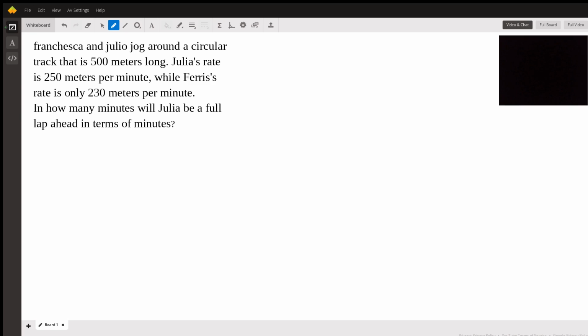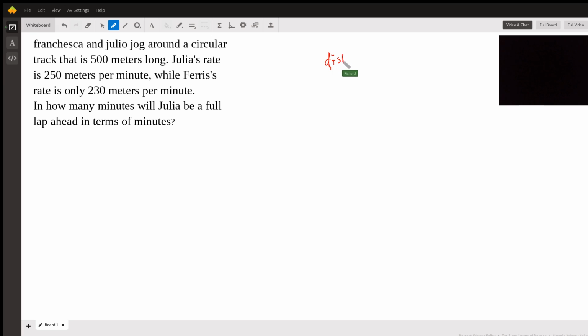These problems can get fairly complex with all sorts of twists and turns, but this problem that was submitted is fairly straightforward. So I'm going to start with the basic formula that everybody really needs to know at every level of math, and that's distance equals rate times time.